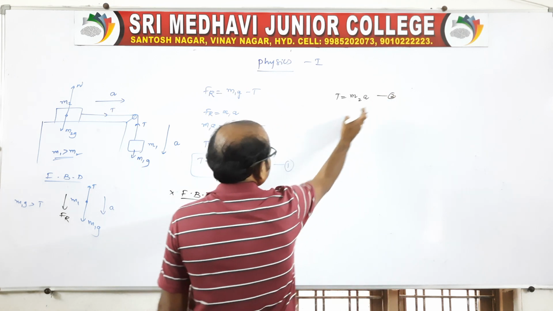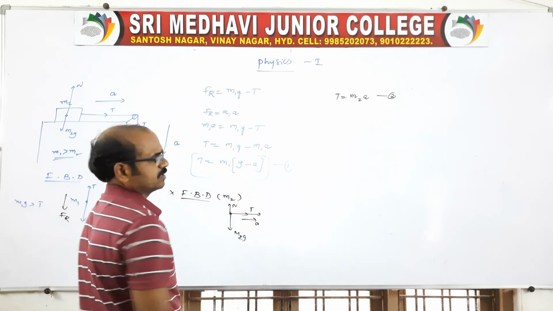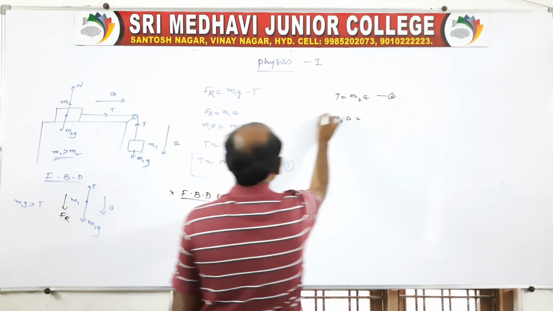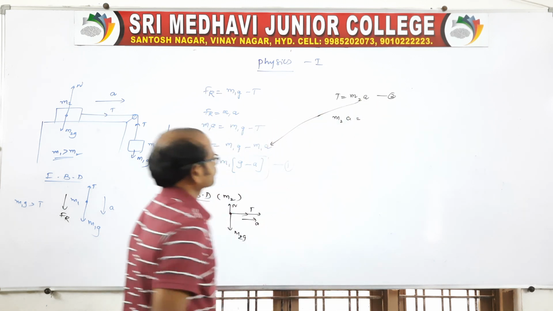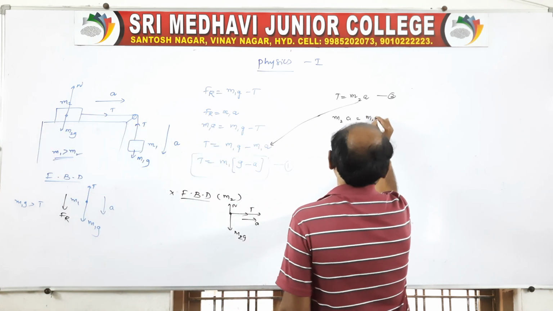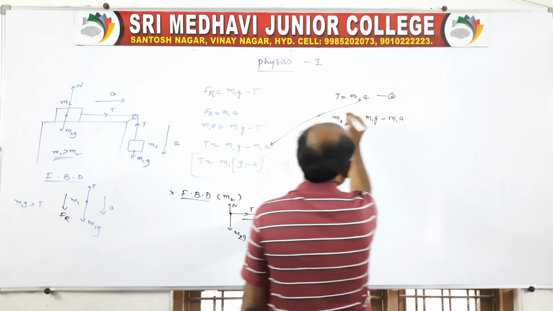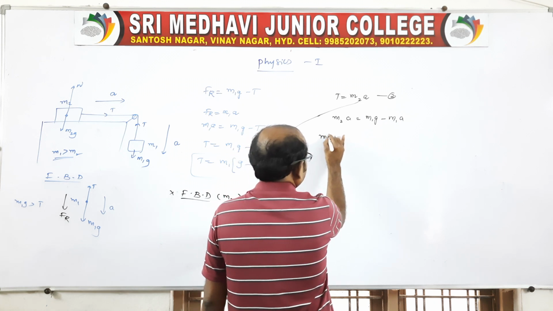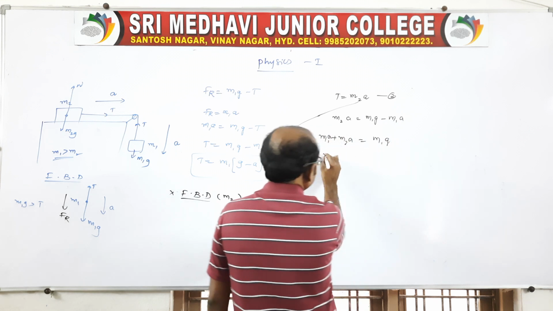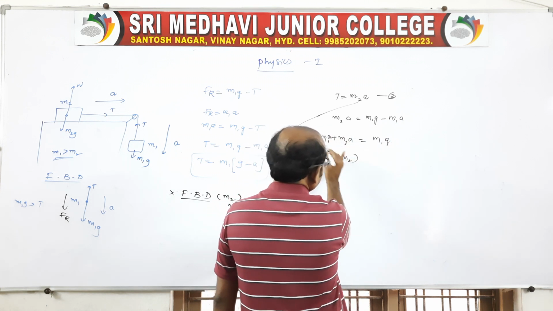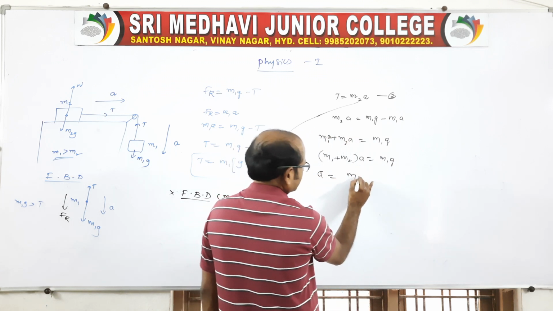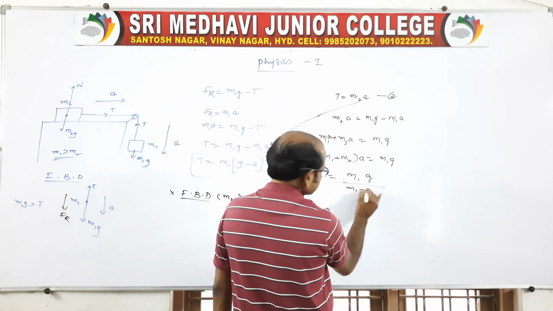Substitute T here and you will get the acceleration of the system. m2a equals m1g minus m1a, so m1a plus m2a equals m1g. Therefore m1 plus m2 into a equals m1g, so acceleration a equals m1g by m1 plus m2.